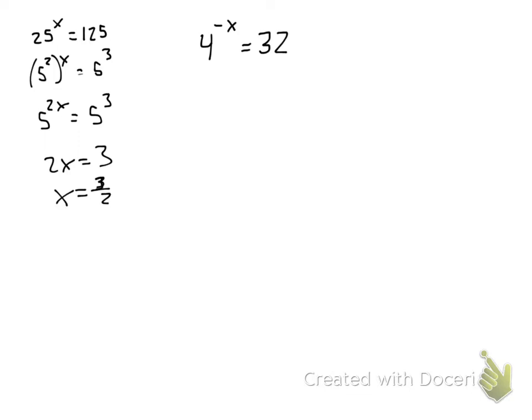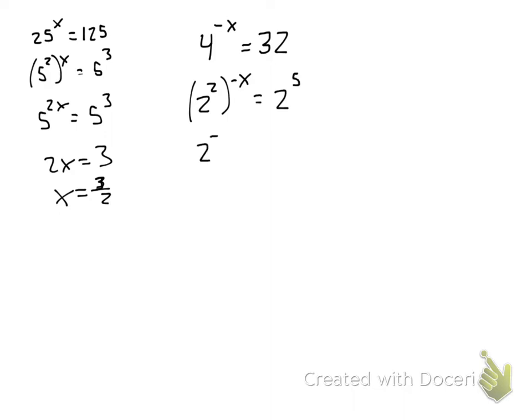The next problem is 4 to the negative x equals 32. Now we're going to bring in some negative exponents, and we still need the idea of common bases. The common base here, I'm hoping you can see it, is 2. So 2 squared to the negative x power is 2 to the fifth power.